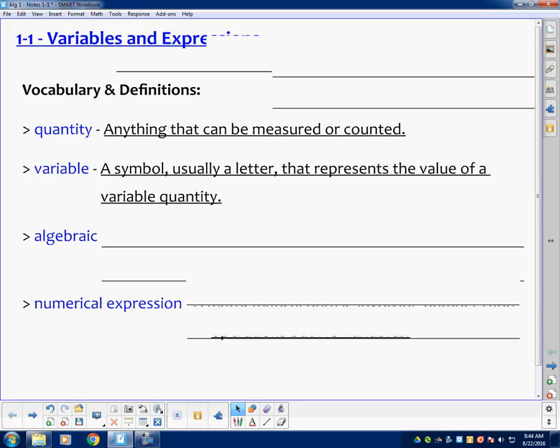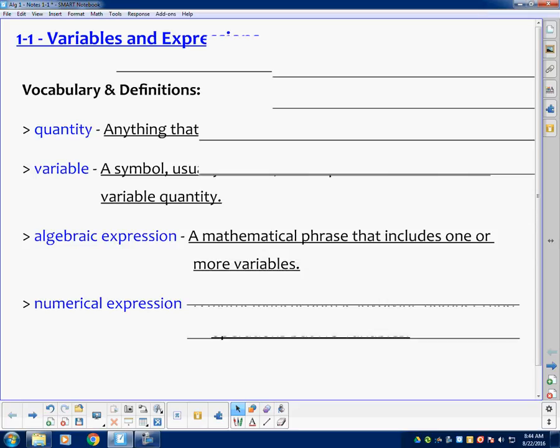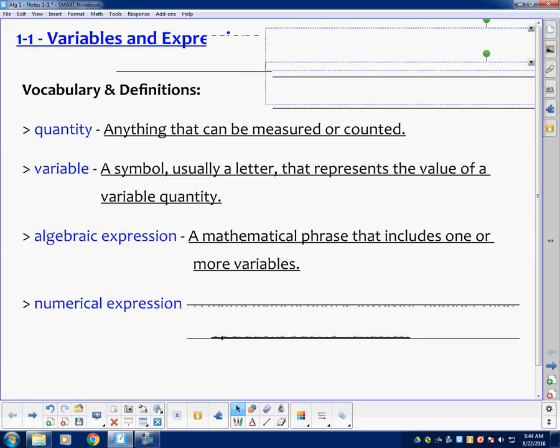A variable is a symbol, usually a letter, like X or A or B, that represents the value of a variable quantity. Algebraic expression is a mathematical phrase that includes one or more variables. We're going to be writing algebraic expressions today.